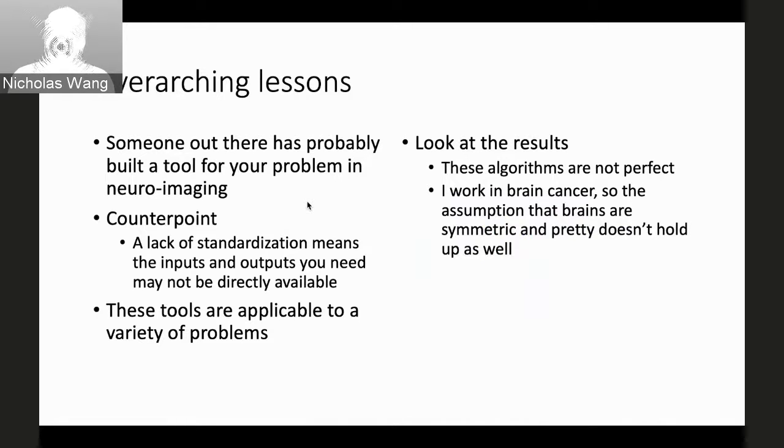You have to be careful to make sure that your inputs match what their algorithm expects. But it's worth at least looking around and seeing if you can find something that does a good enough job to get you the intermediate steps that you need.